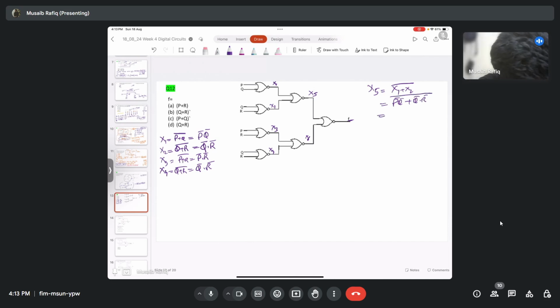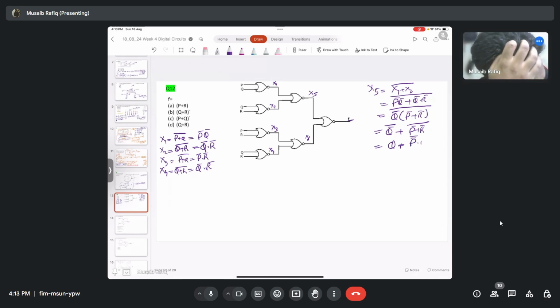Let's take q bar common, so it will be (q bar (p bar plus r bar)) whole bar, so it will be (q bar) whole bar plus (p bar plus r bar) whole bar, so it will be q plus p bar bar r bar bar, so it will be q plus pr.